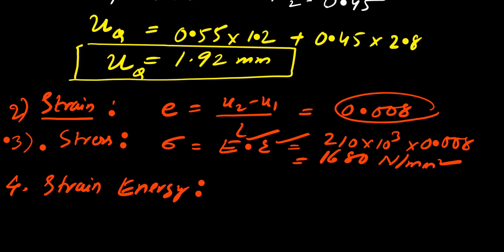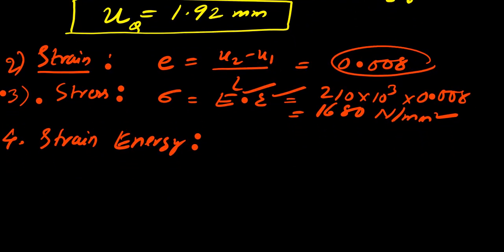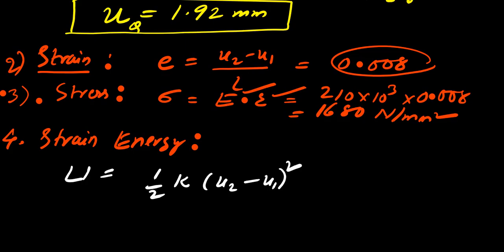That is U is equal to 1 by 2 K (U2 minus U1) squared, where K is the stiffness. In place of K we can write A E by L, that is again multiplied by (U2 minus U1).